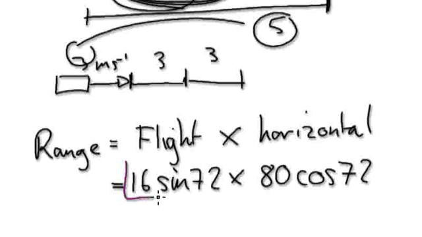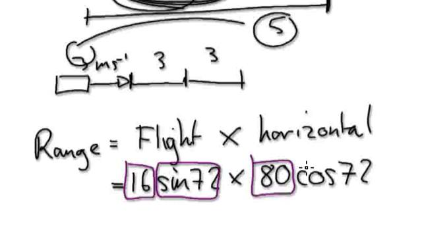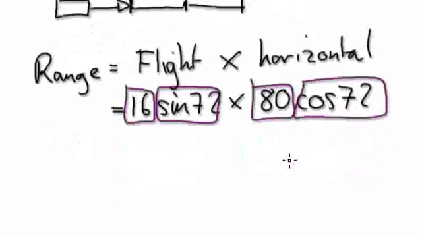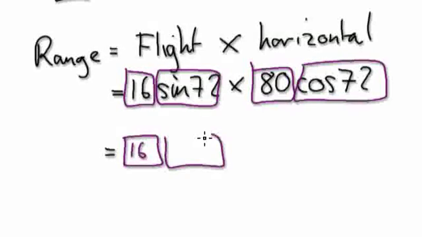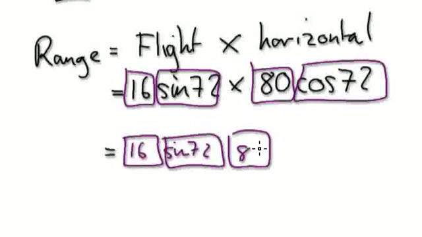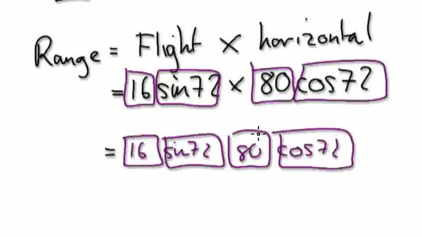Remember that this here is just a number multiplying with this number, and they're all multiplying each other. So you can imagine it as this, equals 16 times sine 72 times 80 times cos 72. Let's merge these two together.